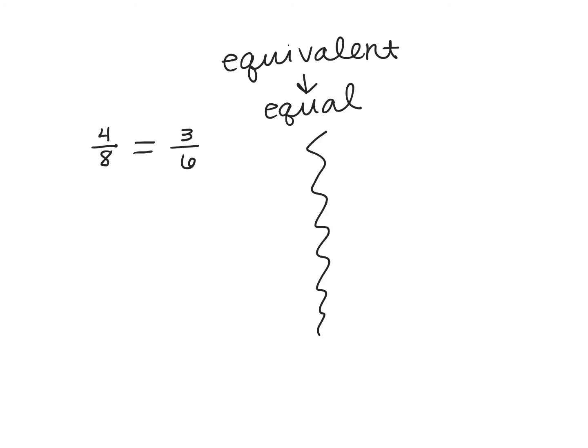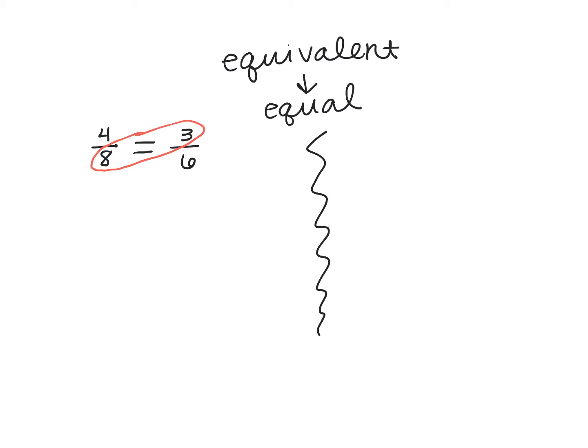Now we're going to review how to tell if two fractions are equivalent. This just means equal or the same. There are a couple different ways I can do this. The first one would be to find a common denominator, or to use the butterfly method.